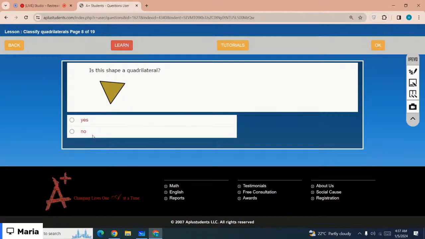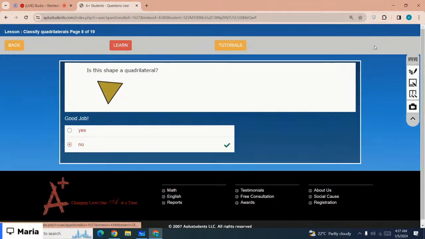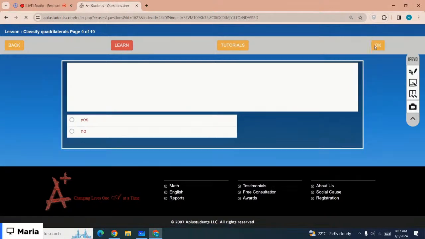No, a quadrilateral must have four sides, right? This isn't a quadrilateral. Is this shape a rectangle, which is the correct option? The correct option is no.